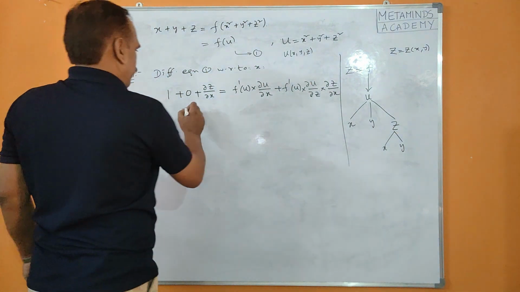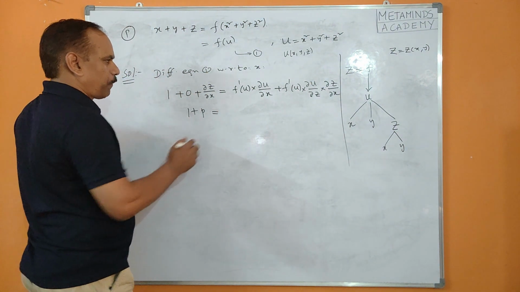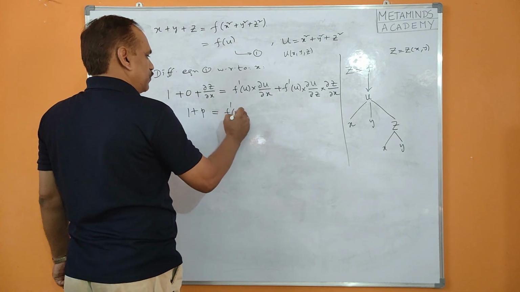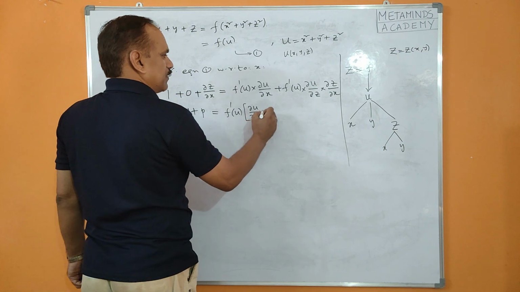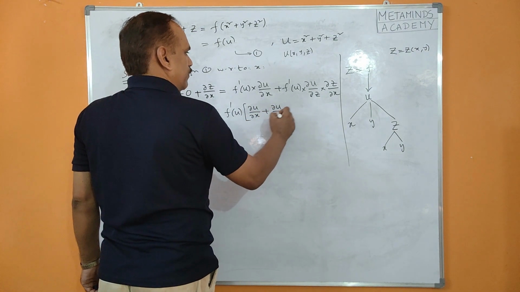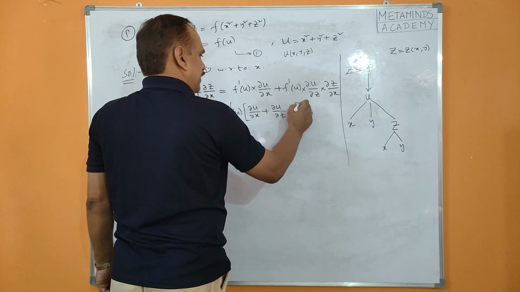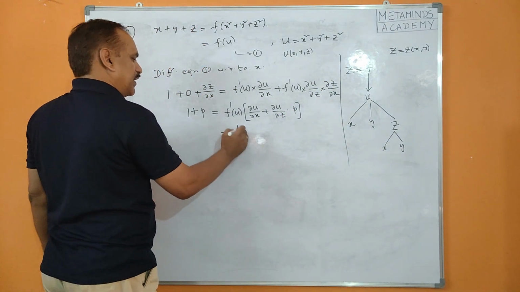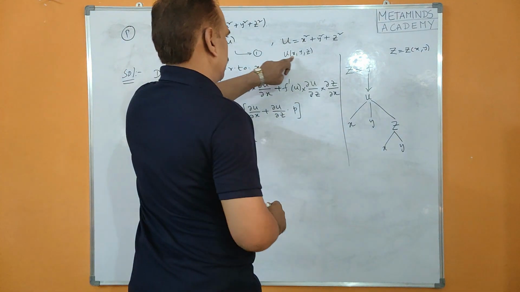So 1 plus p, this dou z by dou x is p, equals f dash u, you can take it common, times dou u by dou x plus dou u by dou z multiplied by dou z by dou x, which is again p. This is f dash u multiplied by dou u by dou x.